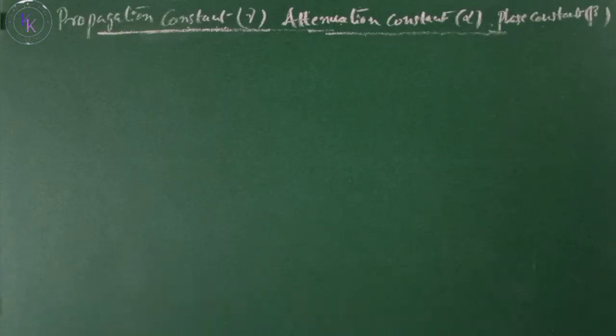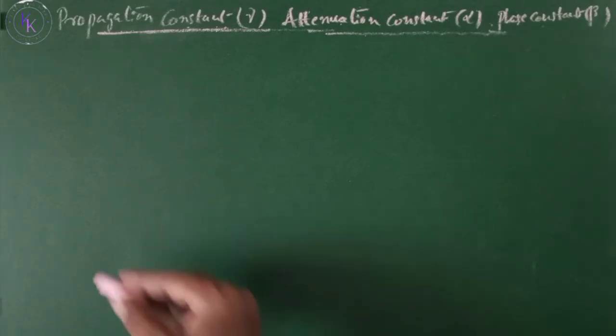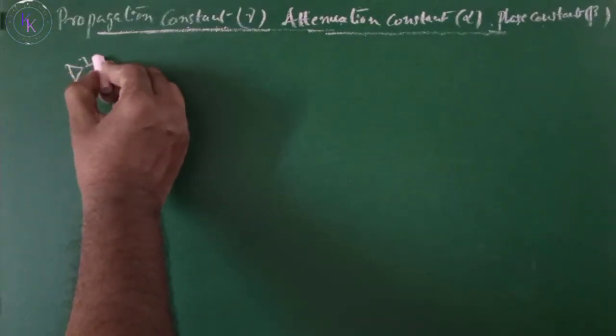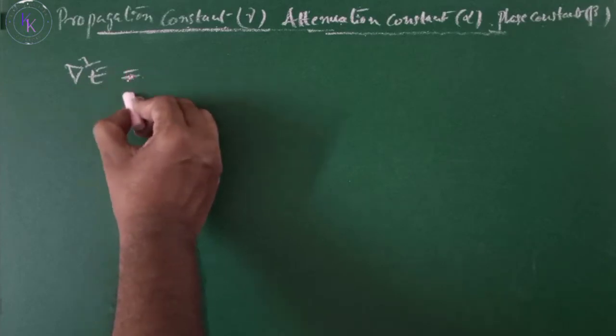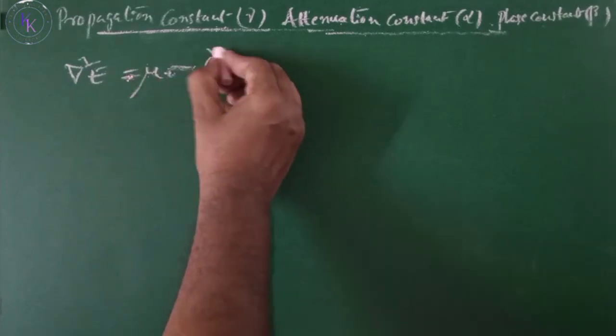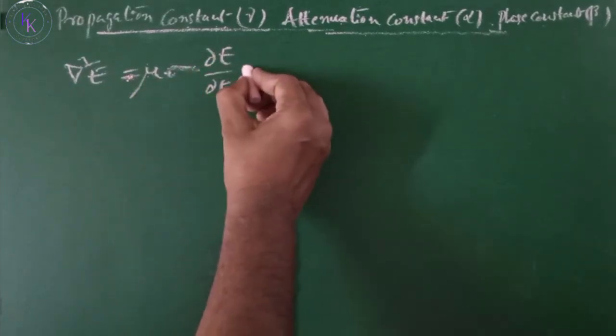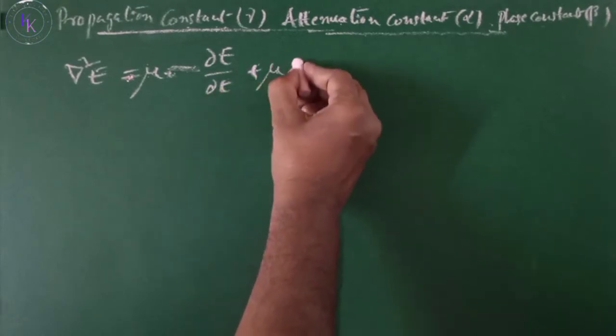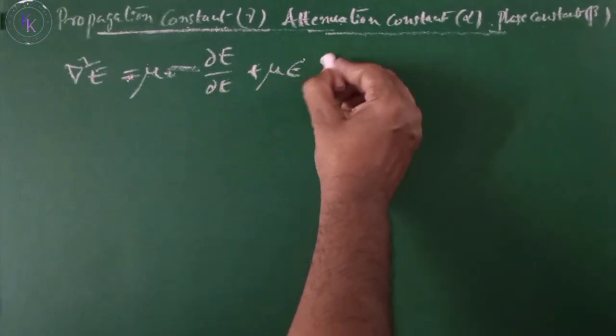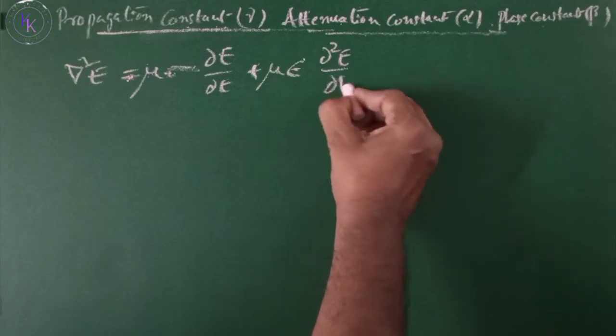Now consider the general wave equation obtained earlier for electric field, that is del square E equals mu sigma dou E by dou t plus mu epsilon dou square E by dou t square.